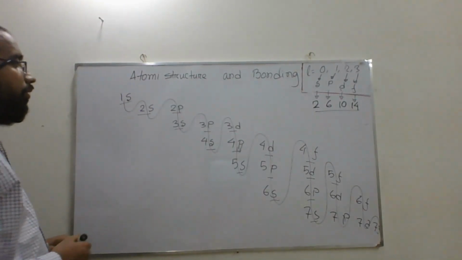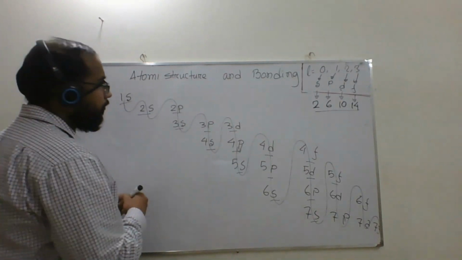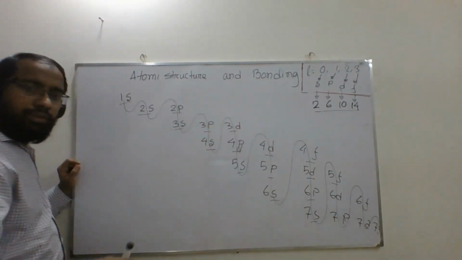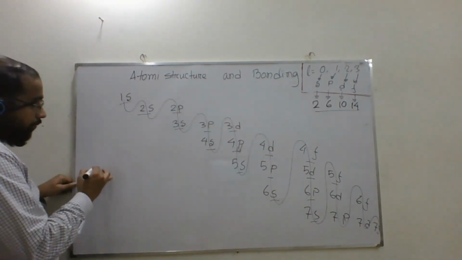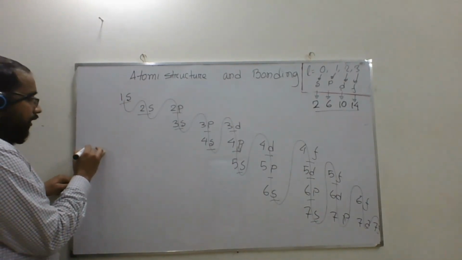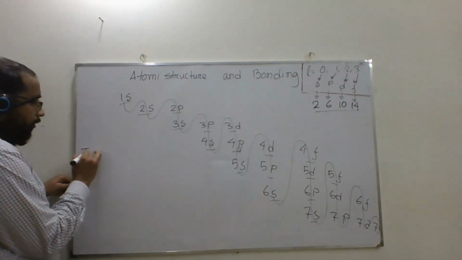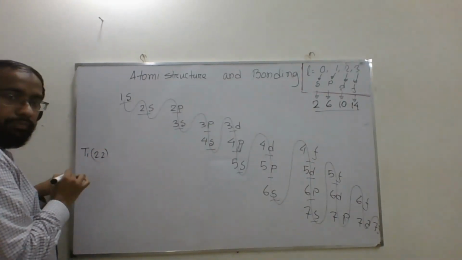Now suppose I want to do the electron configuration of titanium, atomic number 22.